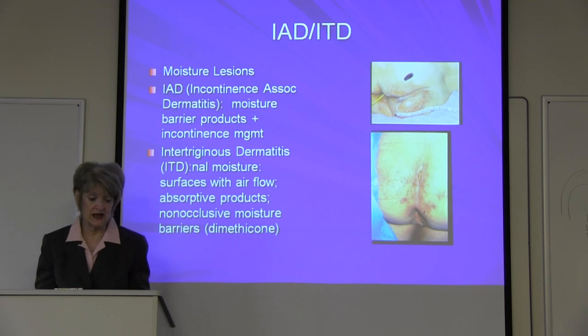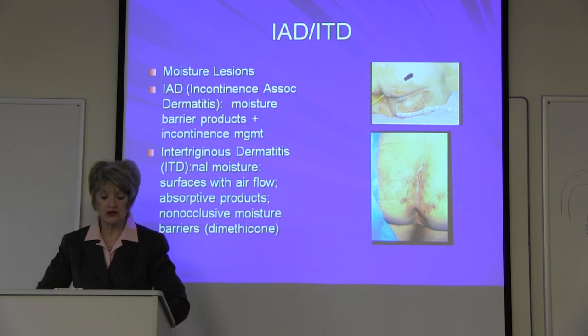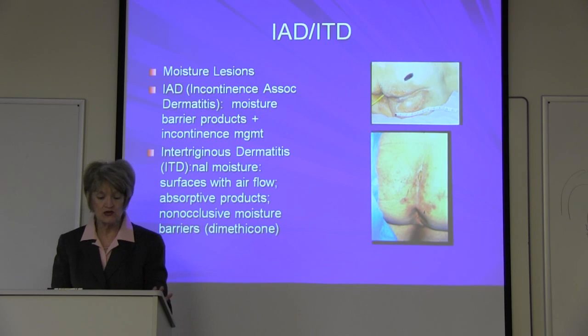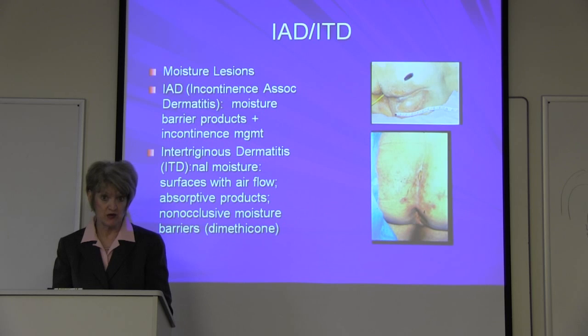Now, on your handout, whether you're looking in your hard copy or online, it goes through the different types of moisture barriers that are available, and I just wanted to mention those briefly. We'll come back to this in later discussions. But it basically comes down to 4 types of moisture barriers. You've got your petrolatum-based products, which are basically Vaseline-based products.